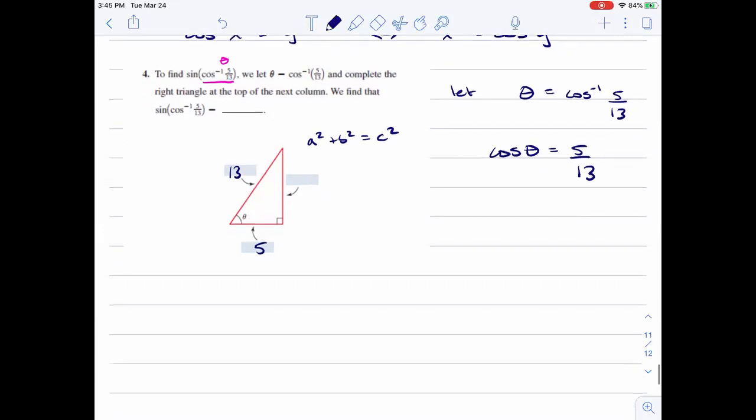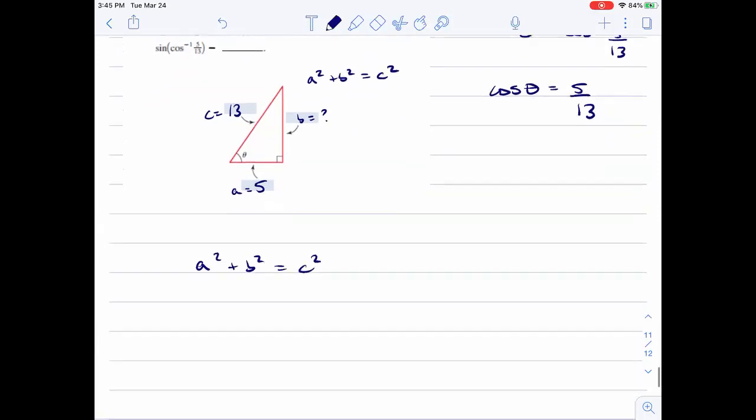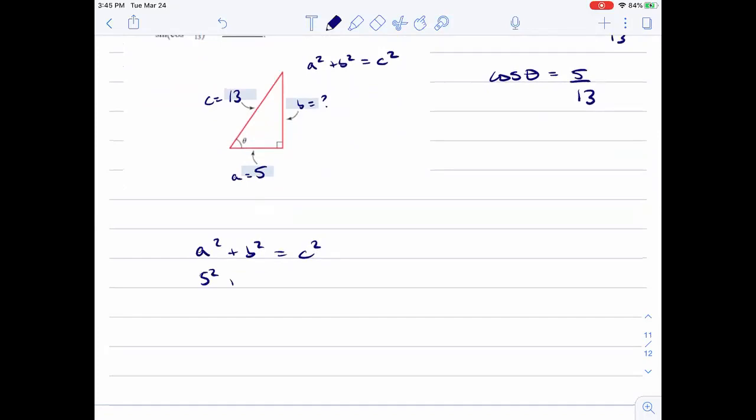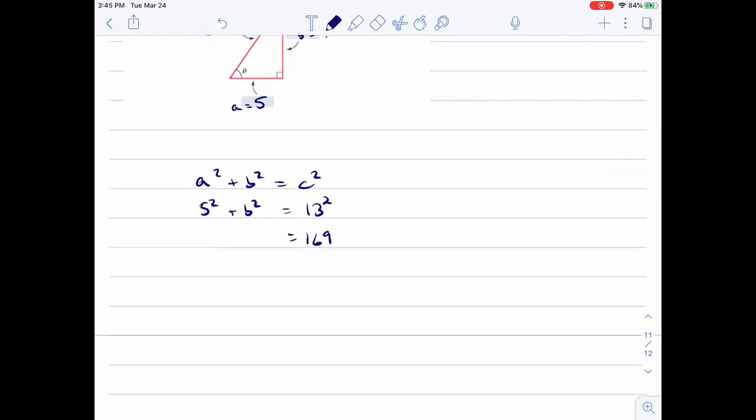And so if I let a is 5, b is question mark, and c is 13, then I've got a squared plus b squared equals c squared. 5 squared plus b squared equals 13 squared. So 13 squared is 169. 5 squared is 25 plus b squared.